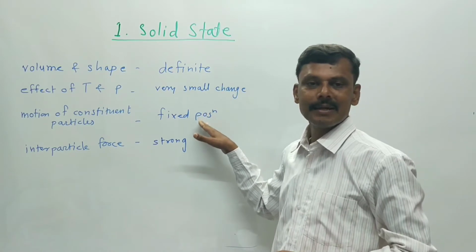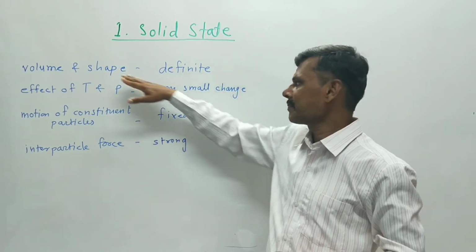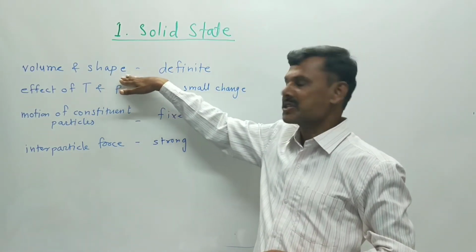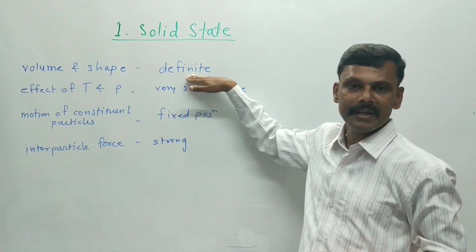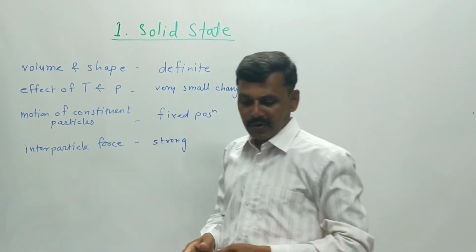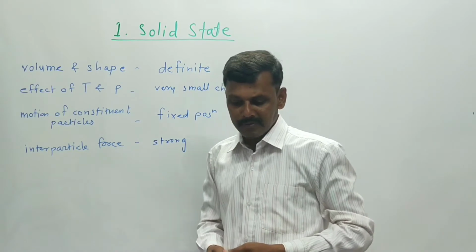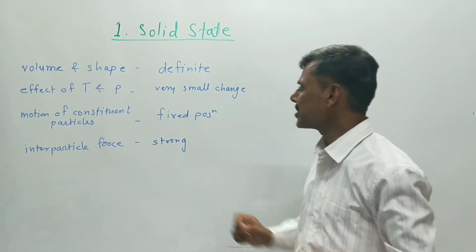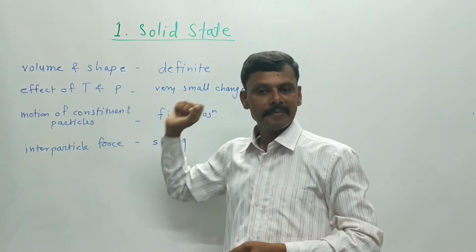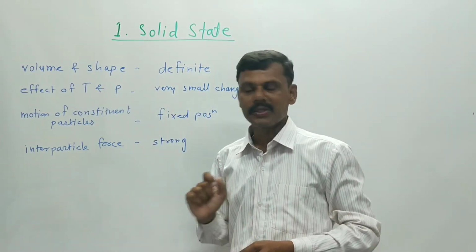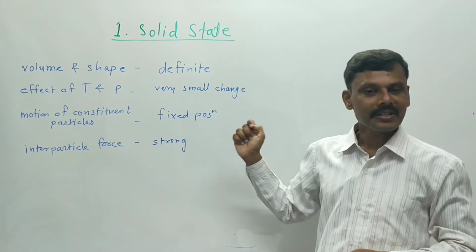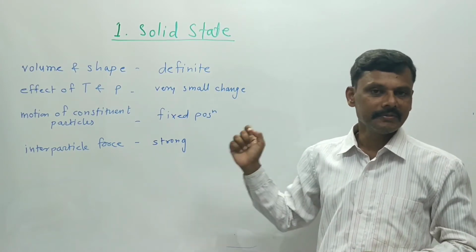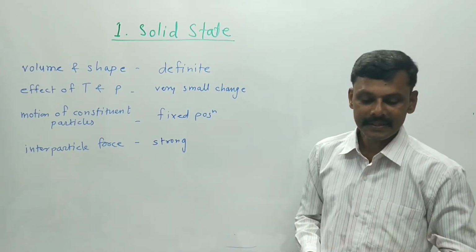Since their position is fixed, volume and shape are definite, and this volume will change only slightly with change in temperature and pressure. So these are the characteristic properties of solid which we discussed already.